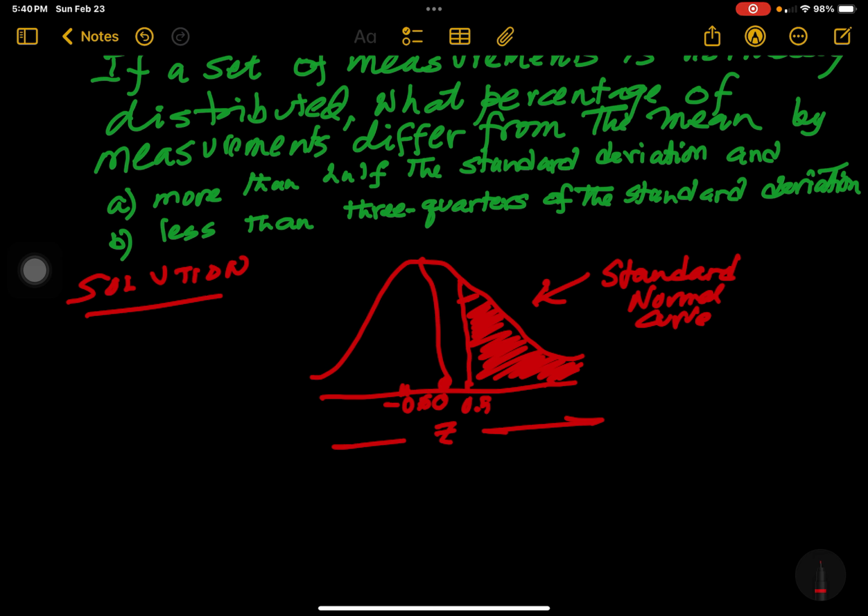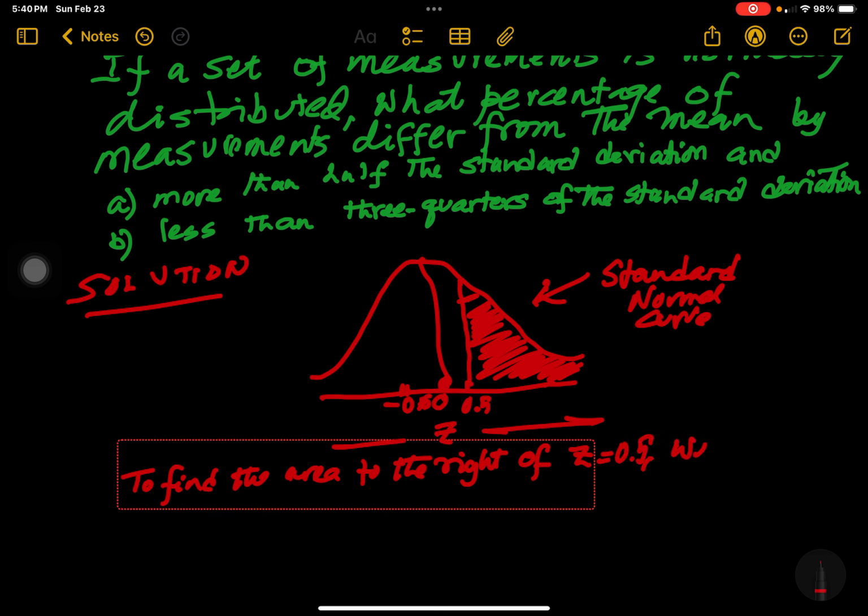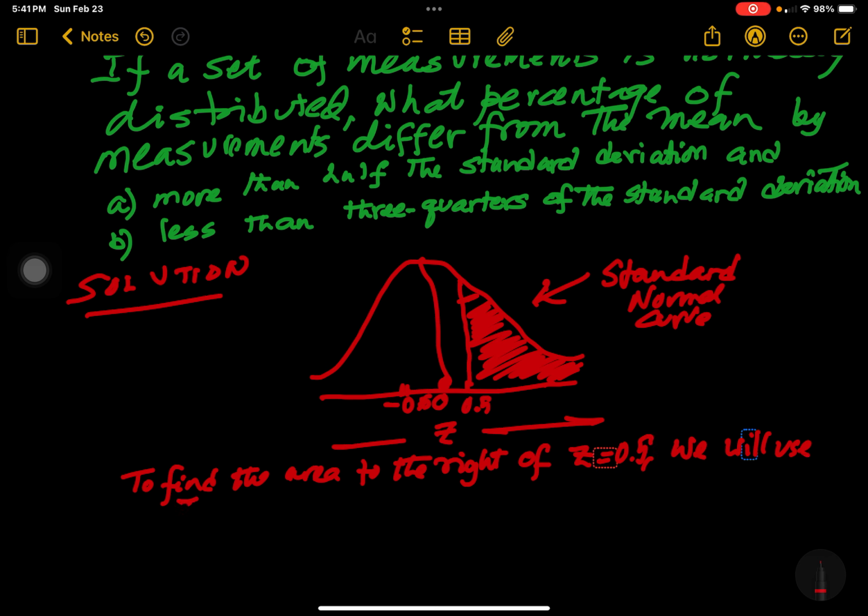To find the area to the right of z equal to 0.5, we will use a TI-84 calculator.